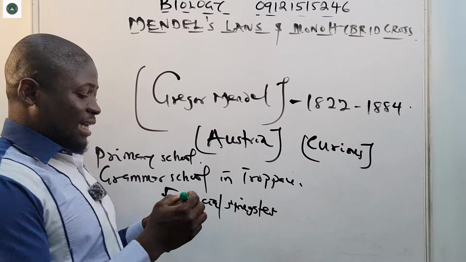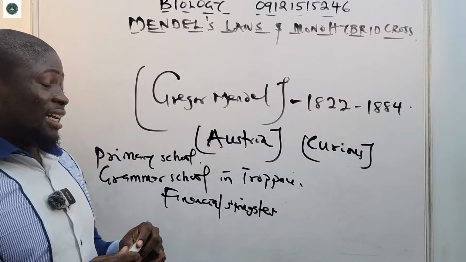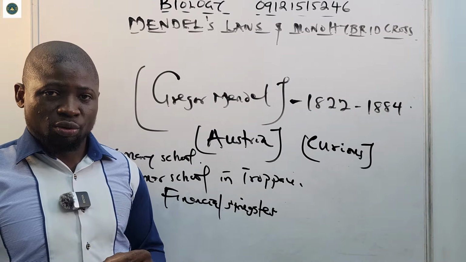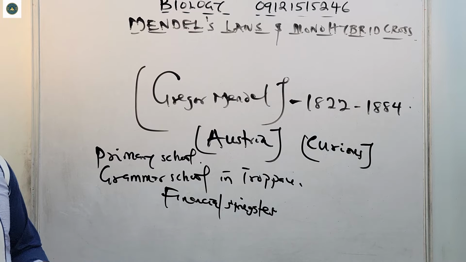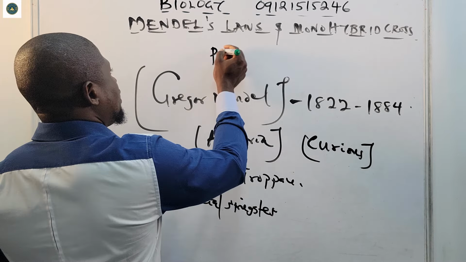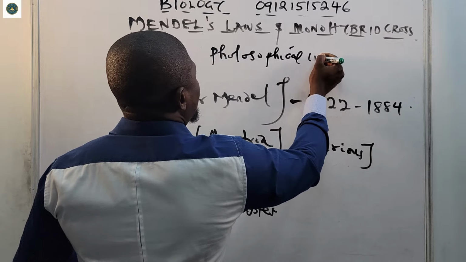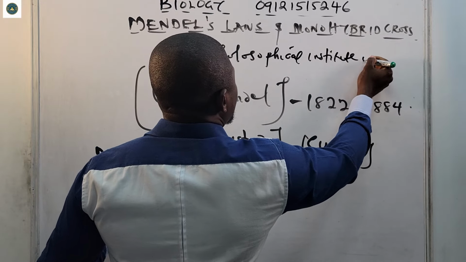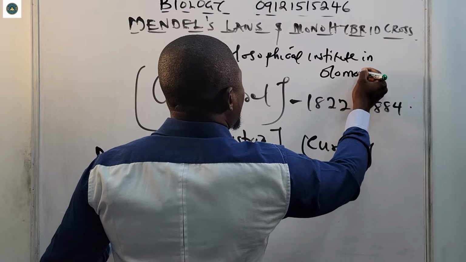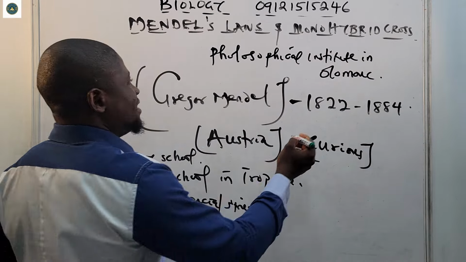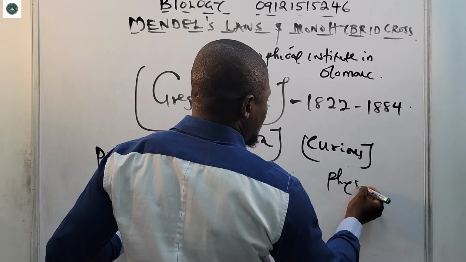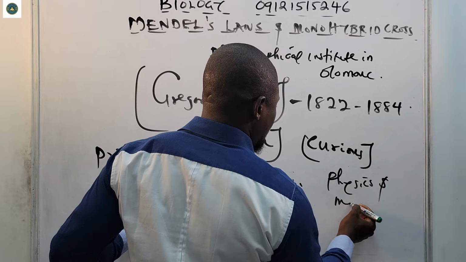Mendel faced a lot of depression, but later he joined the Philosophical Institute in Olomouc, studying physics and mathematics.